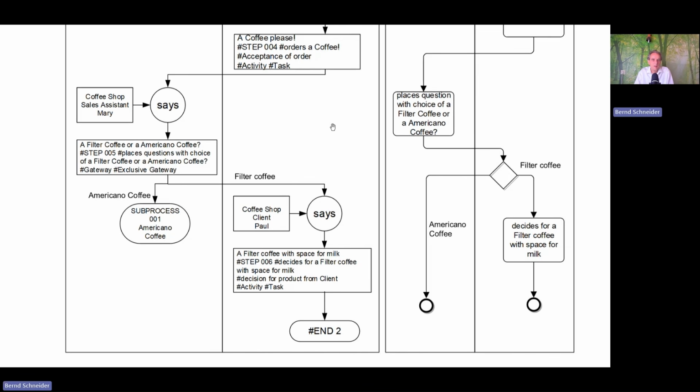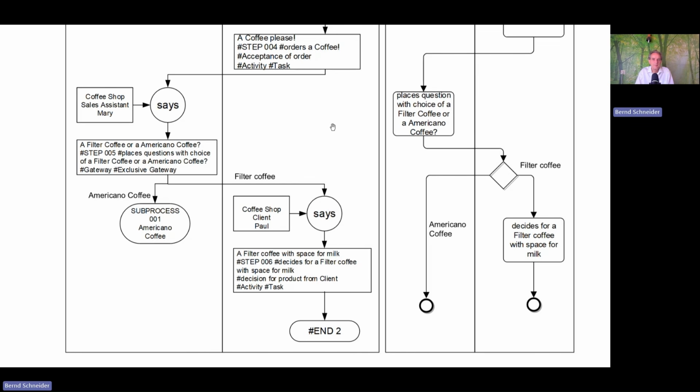So Mary says a filter coffee or an Americano coffee. Then we have in the next row the abstraction, hashtag step 001, places questions with choice of a filter coffee or Americano coffee.